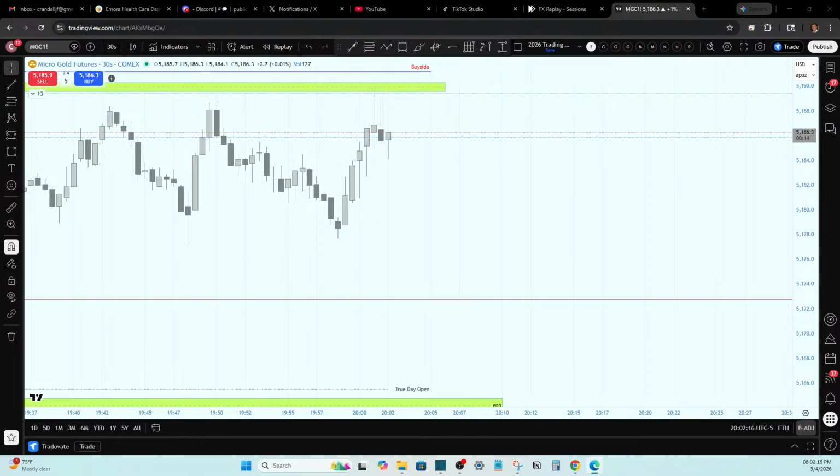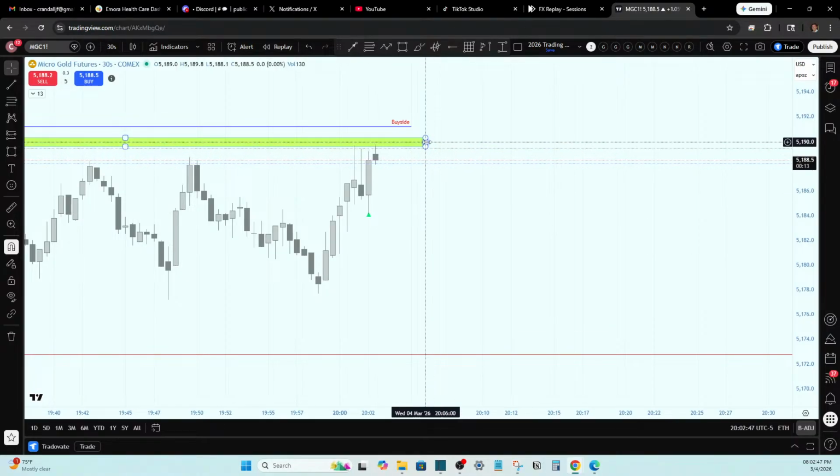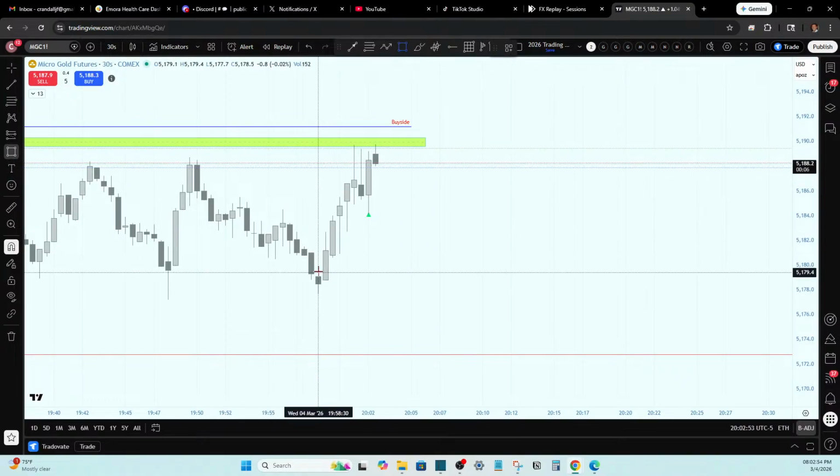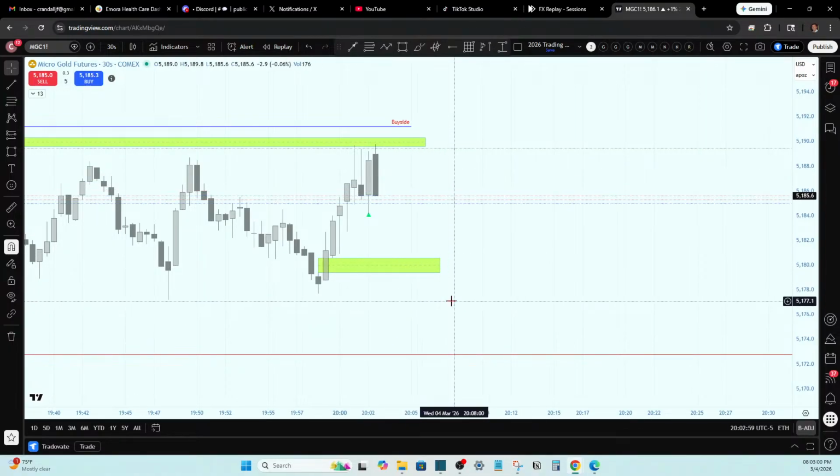So if you hear entry signals going off, that's because I have another monitor going. We inverse this, then we're definitely bearish.